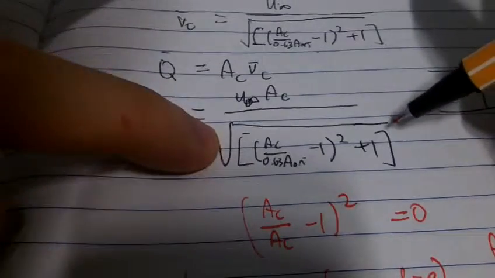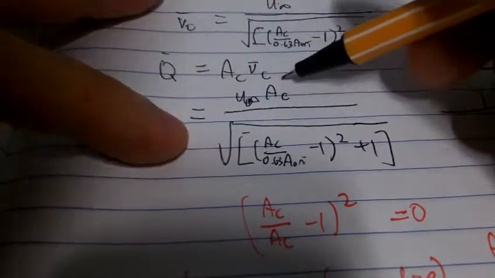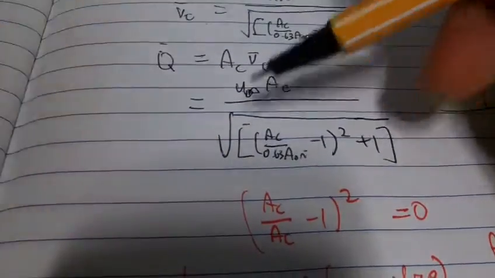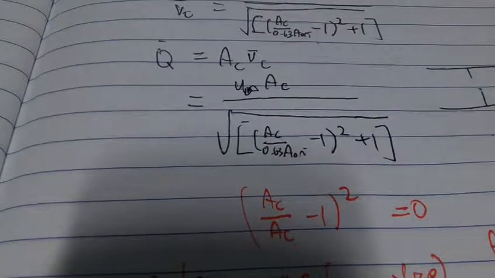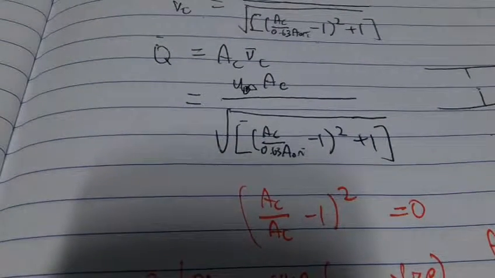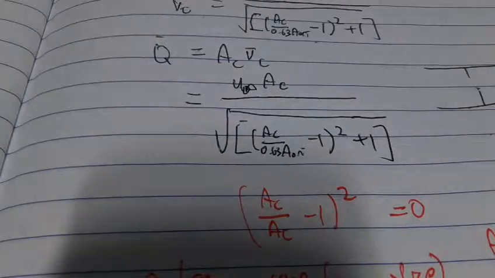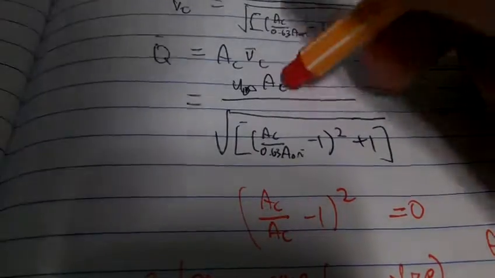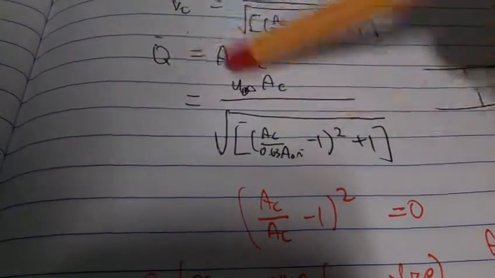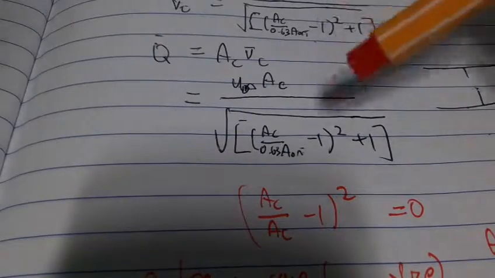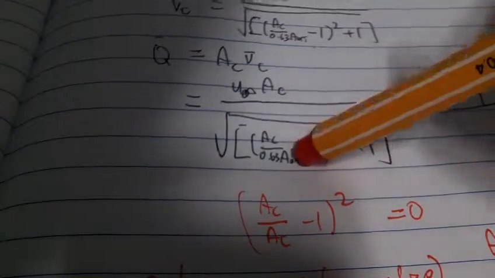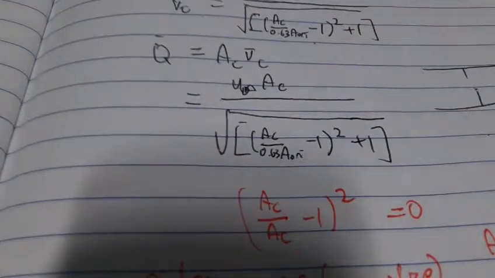And once that happens, this number divided by an infinitely big number just becomes 0. There's no flow rate at all. So for an orifice with 0 area, which is just a plate there, there's no hole or anything, there's no flow. And therefore this equation kind of makes sense for us. Yeah? And the bigger the orifice area, the larger the flow rate. So that's what this equation is telling us.